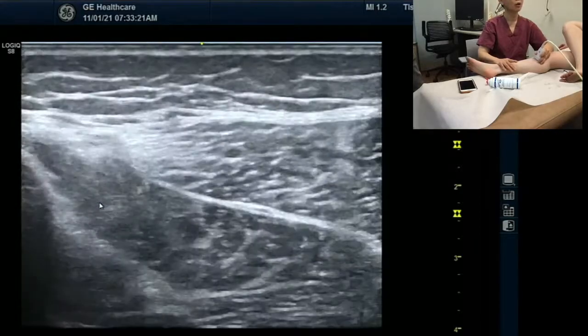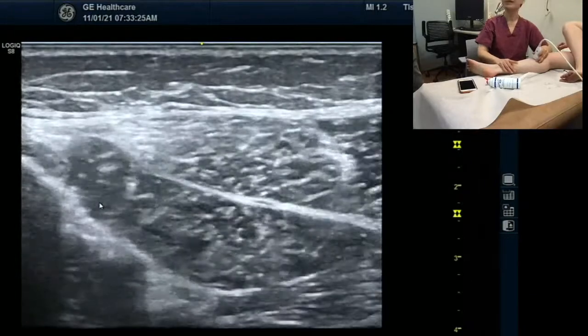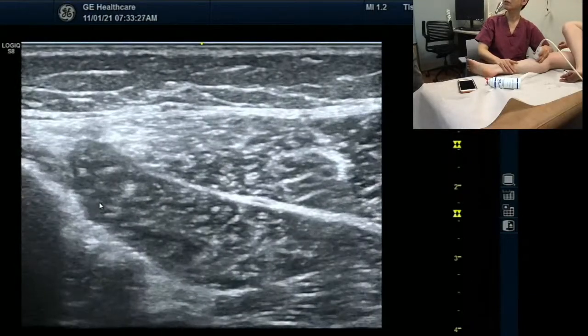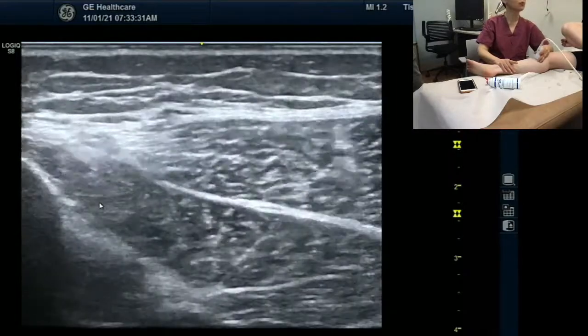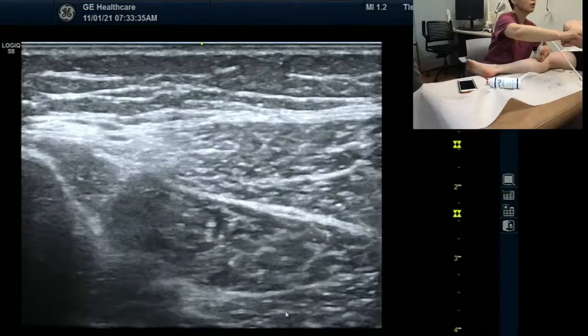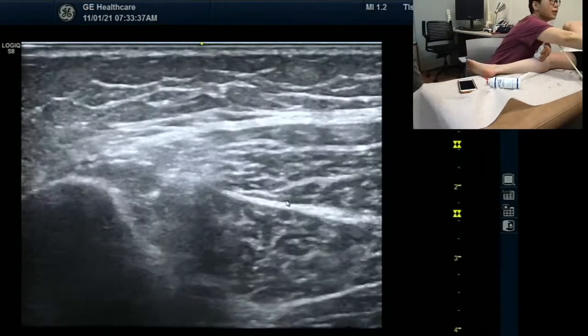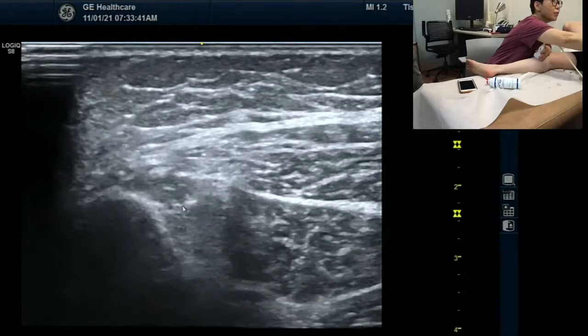But actually I'm wrong. That must be the plantaris, popliteus. I forgot. So there are two muscles. Do you see? One, and that's gastrocnemius. This is soleus, but this is a different muscle.